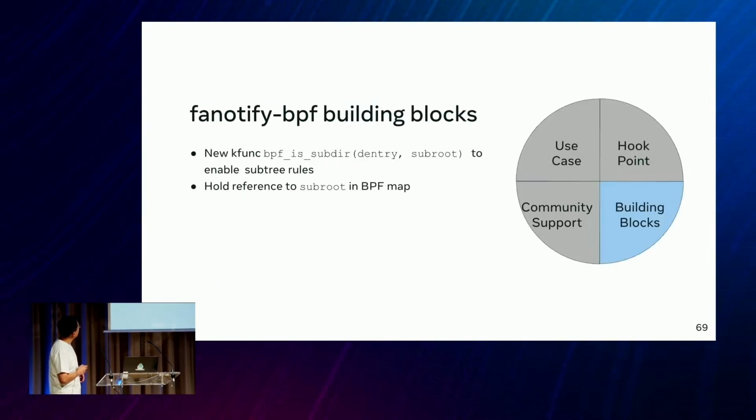OK, next building block. I added a BPF is-subdirectory helper that we'll see in the subtree use case. And to hold this subroot, this dentry, I let a BPF program hold a reference to the dentry. Then I can compare any file I want to open against this dentry with this kfunc.